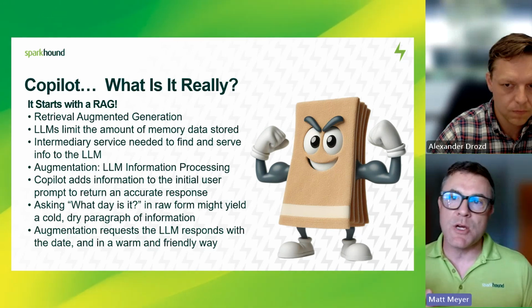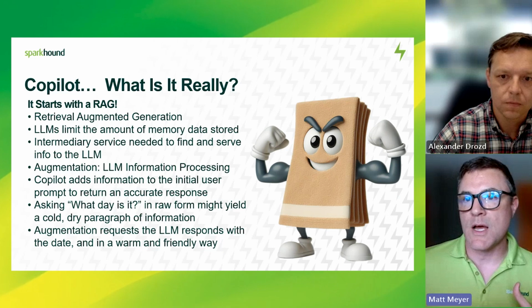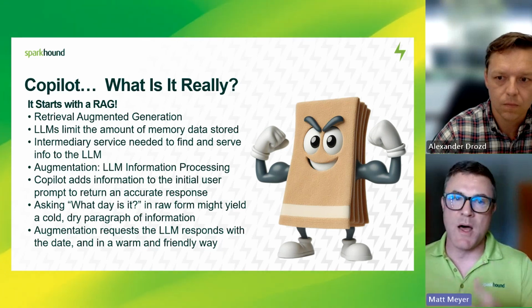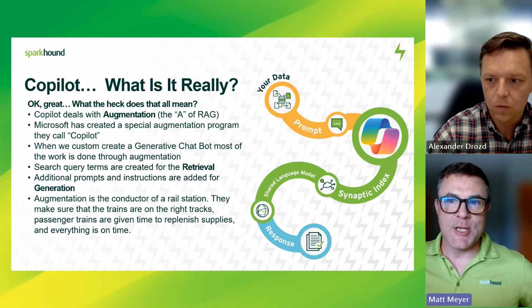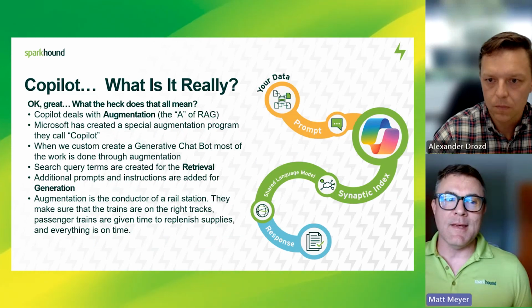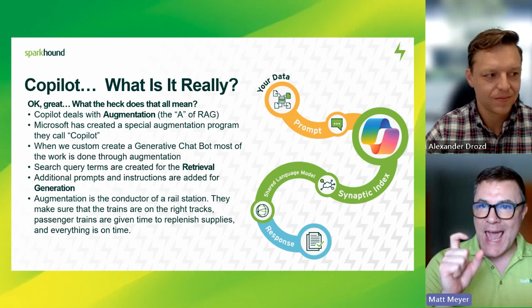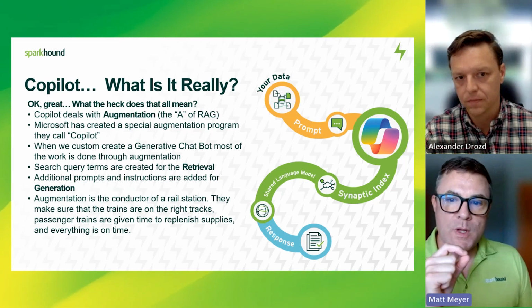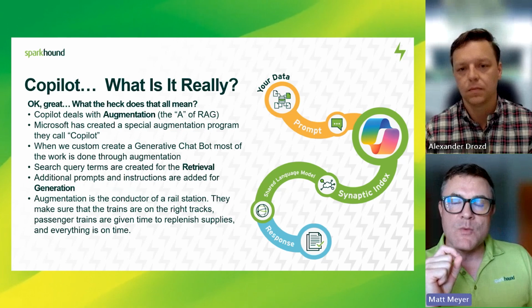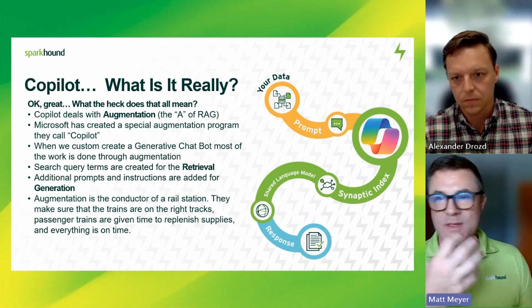When we talk about Copilot, even the canned ones from Microsoft, they're all using this kind of model: retrieval, augmentation, and then generation. So what is Copilot? Copilot is the A in the augmentation. And when we get into this, it really starts to make sense why Microsoft named everything Copilot.